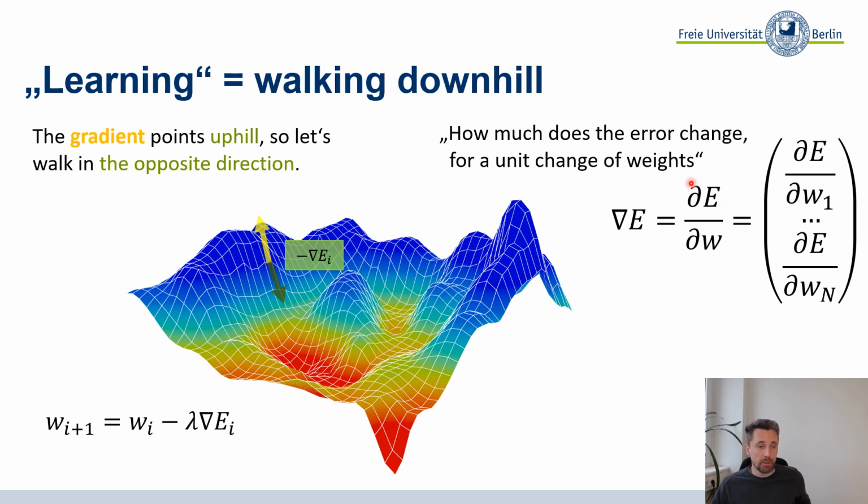So the change of the error over a change of the weights is a vector in the space of all the weights that points into the direction of the steepest ascent. So this is where the slope is maximum.